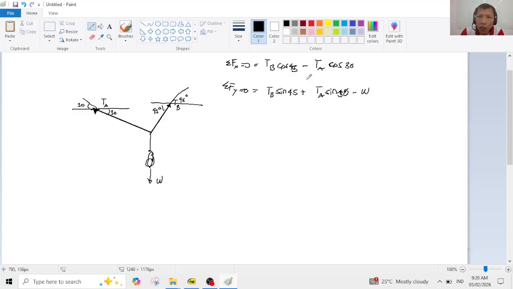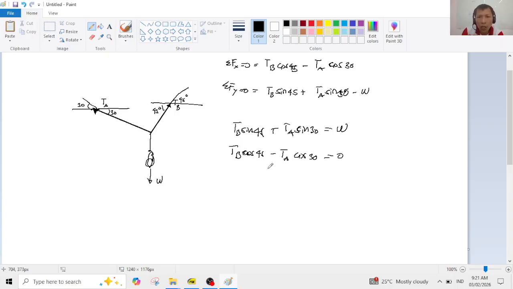For the first one, this is equal to 0, while for the second one, we'll rearrange it: TB sine 45 plus TA sine 30 is equal to W. So, TB cosine 45 minus TA cosine 30 is equal to 0.